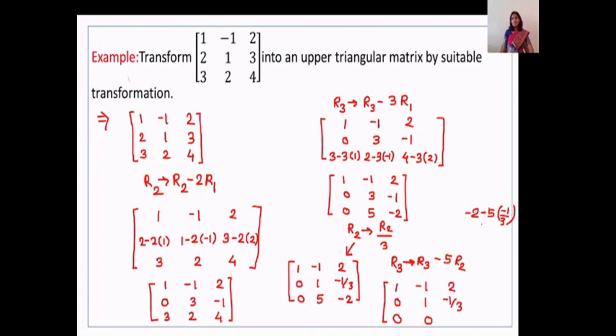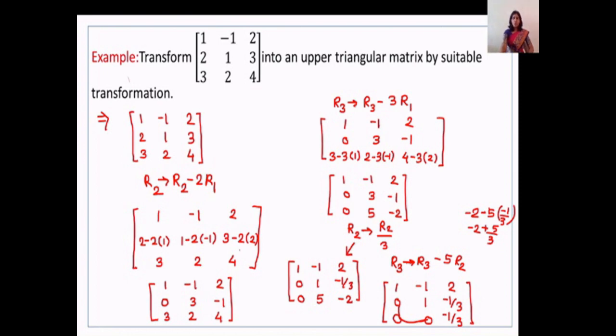So here minus minus gets plus, so it is minus 2 plus 5 by 3, that means minus 6 plus 5 by 3, which means minus 1 by 3. So we convert this matrix into an upper triangular matrix because these three elements are 0. So this is our answer.